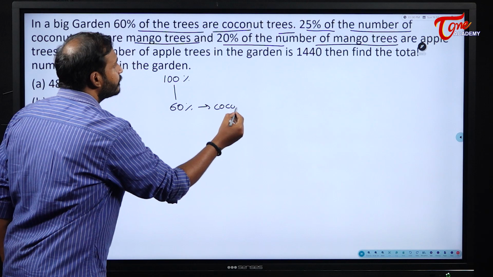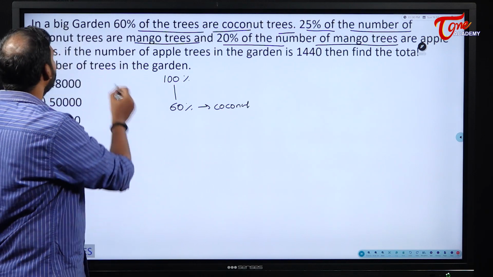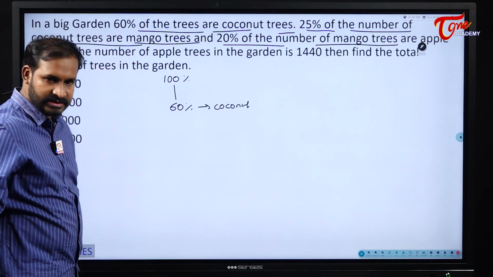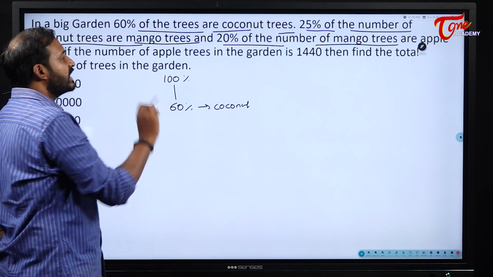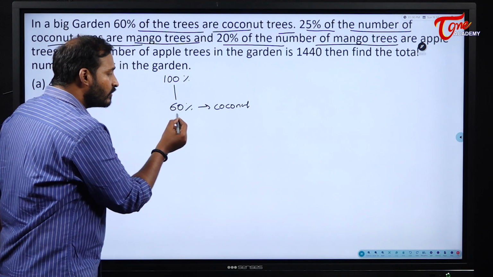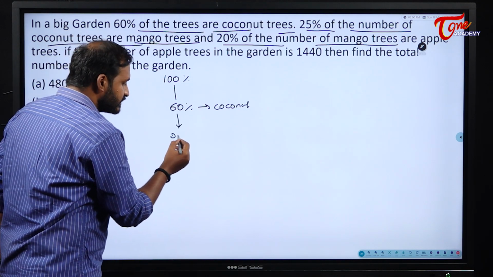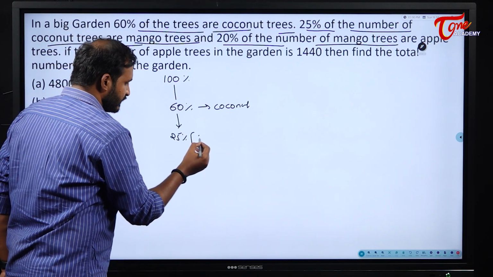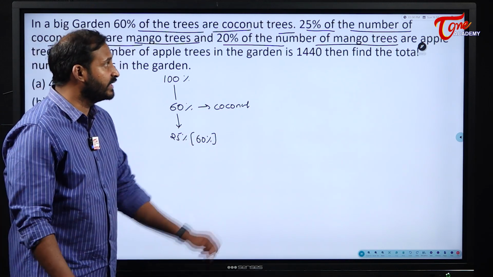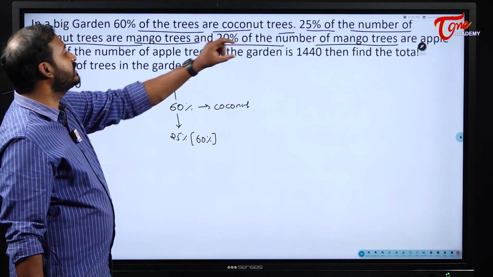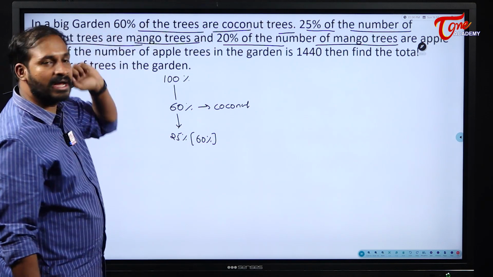Next, 25% of the number of coconut trees are mango trees. That means out of the 60%, 25% are mango trees. So I am going to write here, 25% of 60%. Why? Because they clearly mentioned 25% of the number of coconut trees are mango trees.